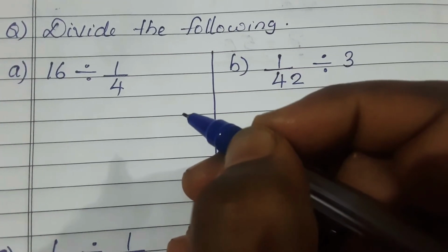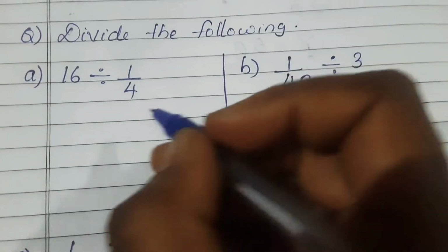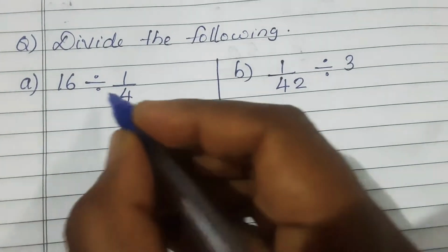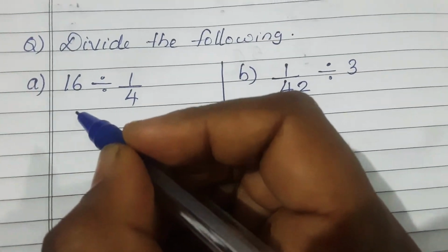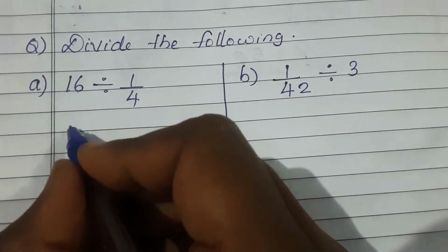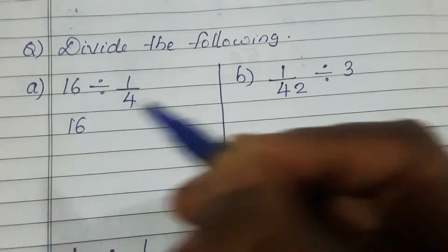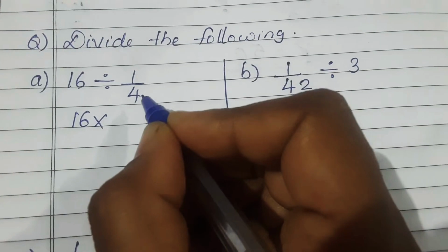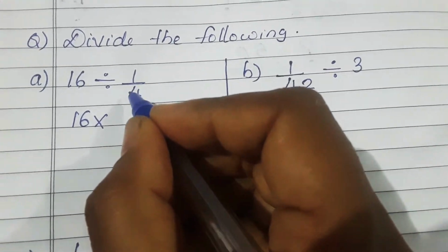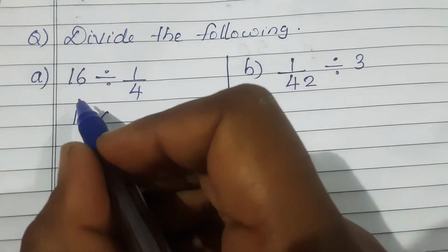Divide the following. First question is 16 divided by 1 by 4. So children, division is very simple. First you write the same number 16. Then multiply the reciprocal of the second number or second fraction with the first one.